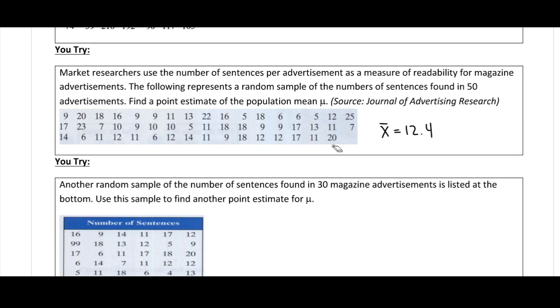So it's not the entire population, it's not all of the advertisements that are out there, it's just 50 of them. And they calculated and recorded each one. We're going to add all these together and divide by 50. We get a nice point estimate of 20.4 sentences per advertisement for this sample right here.